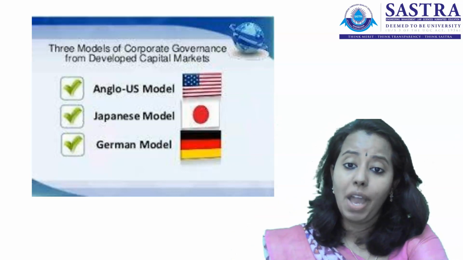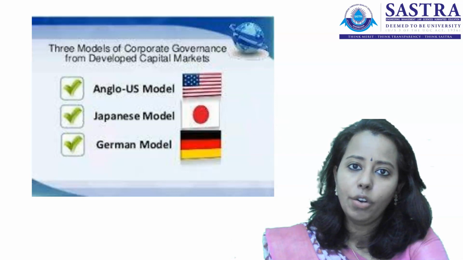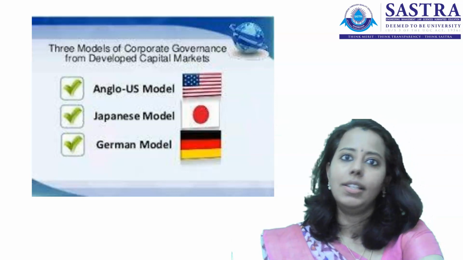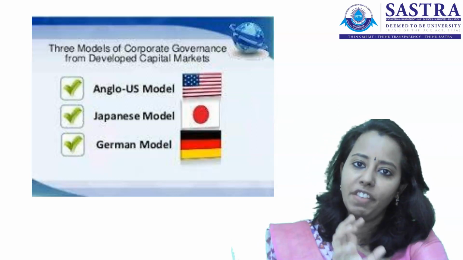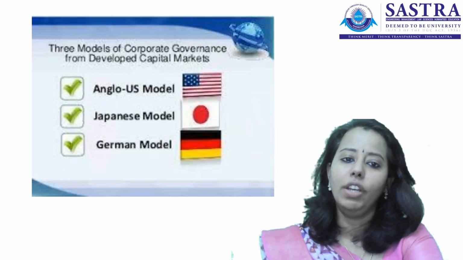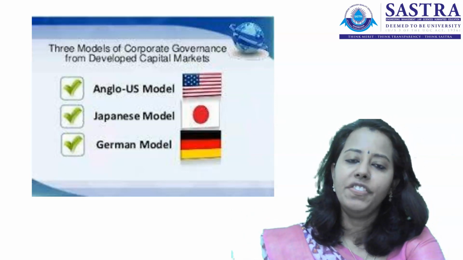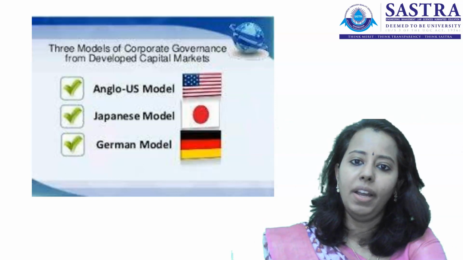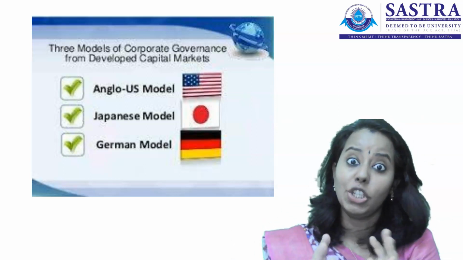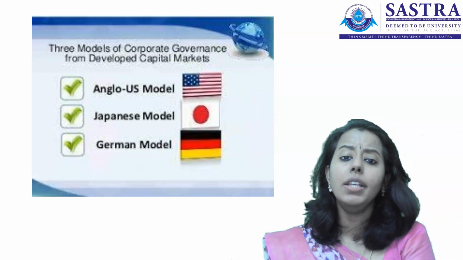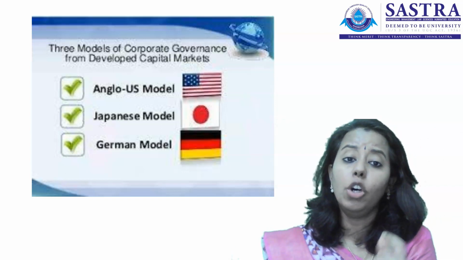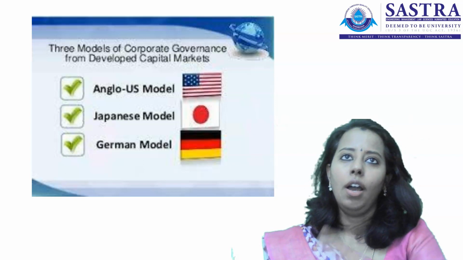Those in Japan who have only one quarter of the shares, that doesn't matter because of the weak capital market and no influence. So models of governance in Germany and Japan have a very strong presence of interested parties, especially banks. And that gives them a competitive advantage.